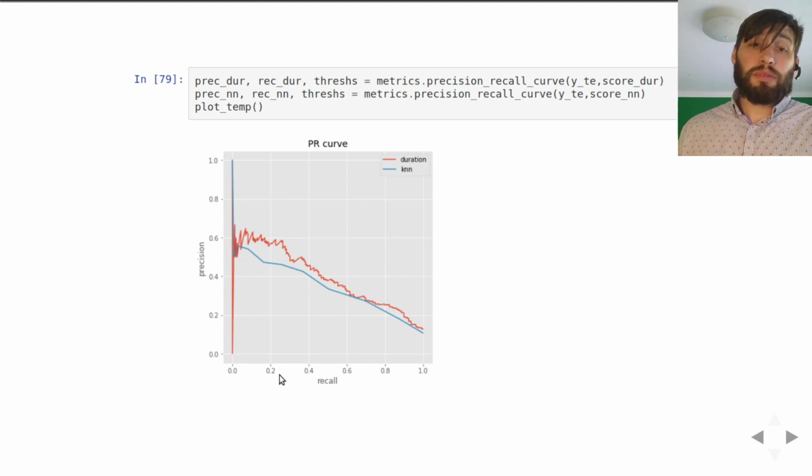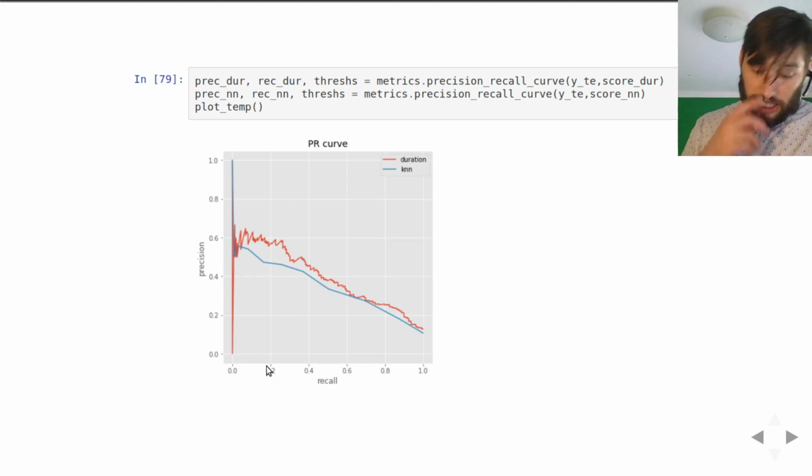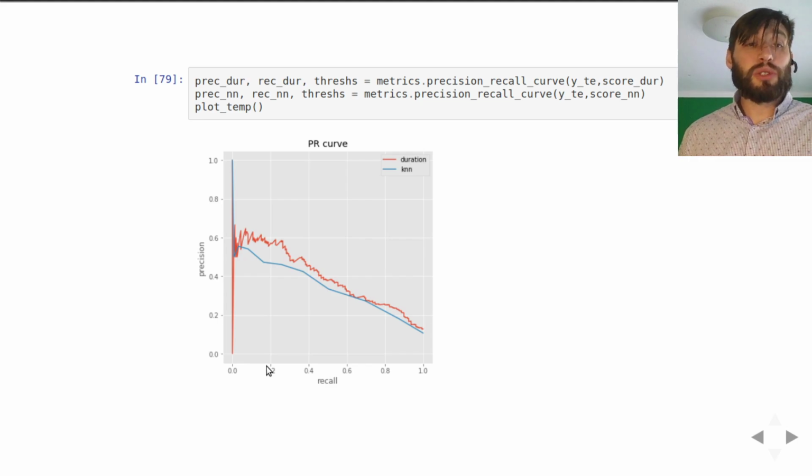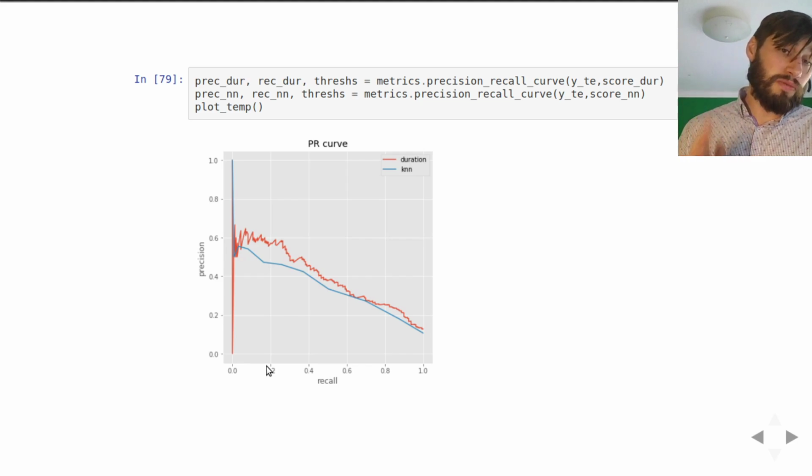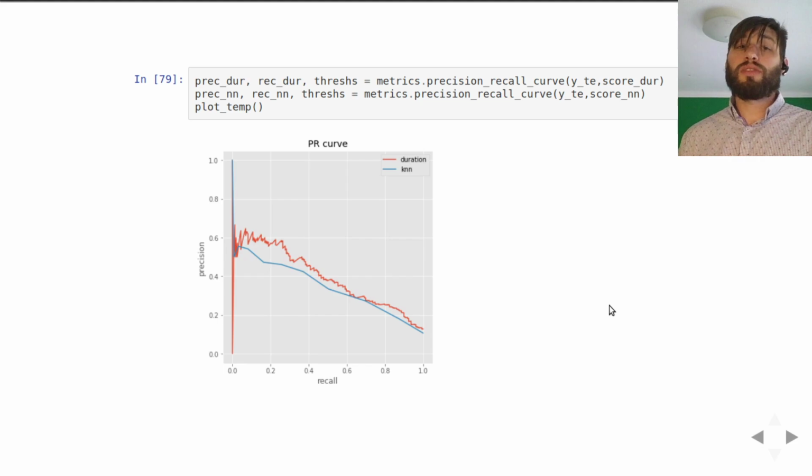So perhaps you have an application where you want to predict a subset of the individuals who are very likely to default. You don't really mind if you don't get all of these individuals, you just want to get those which are very likely to default and deal with them separately. So maybe then you would care more about precision than recall. Whereas in the ROC curve, it's not clear how to make this interpretation.